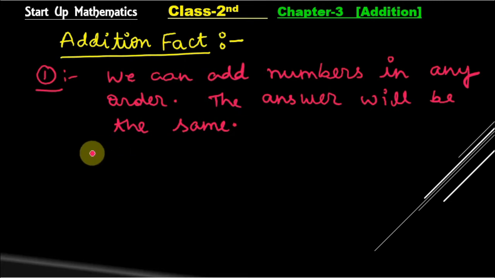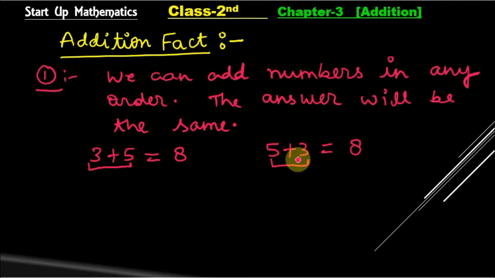For example, 3 plus 5 is equal to 8, and if we change the order of the numbers, 5 plus 3 is also equal to 8. So in this question we have changed the order of the numbers, but the result is the same.